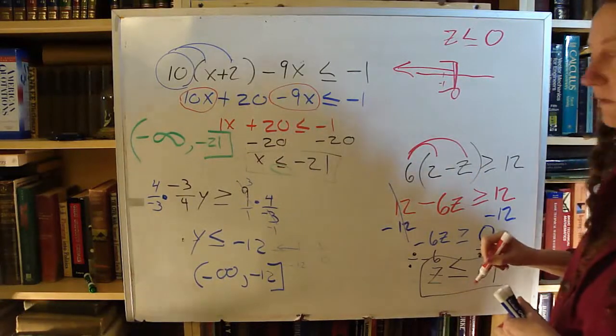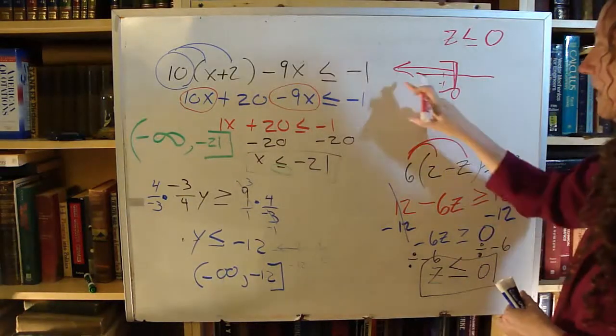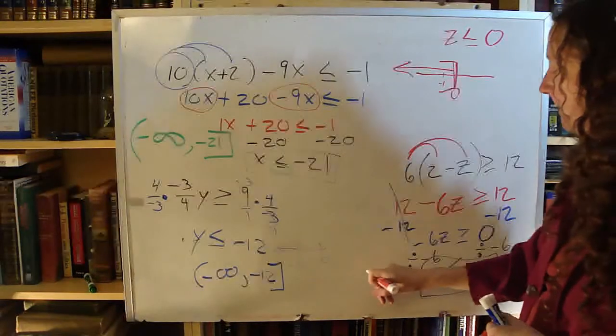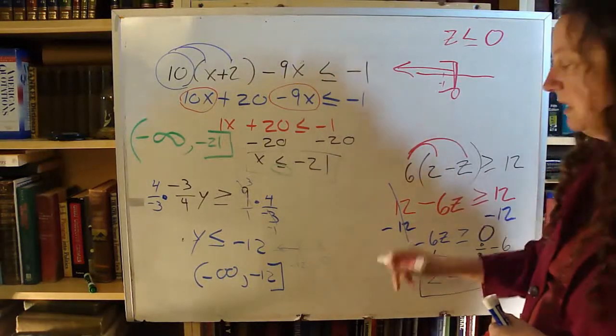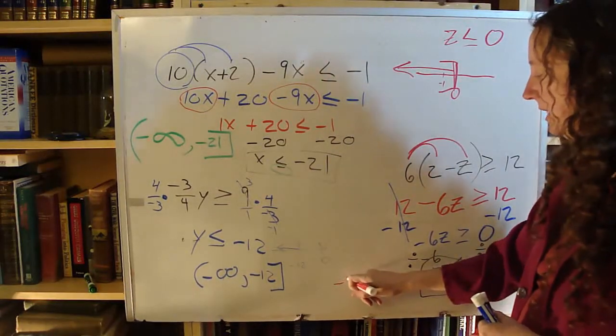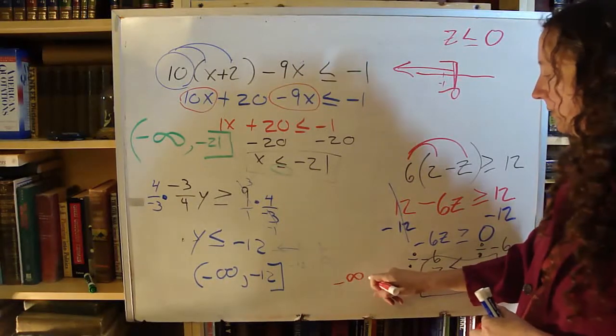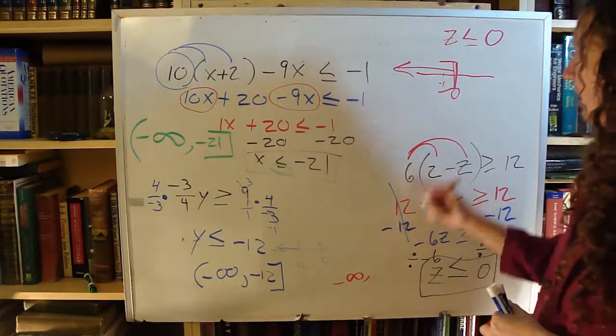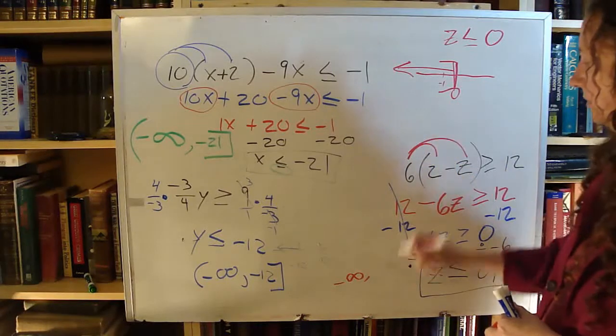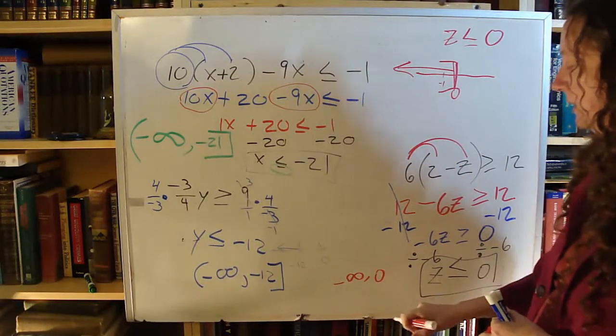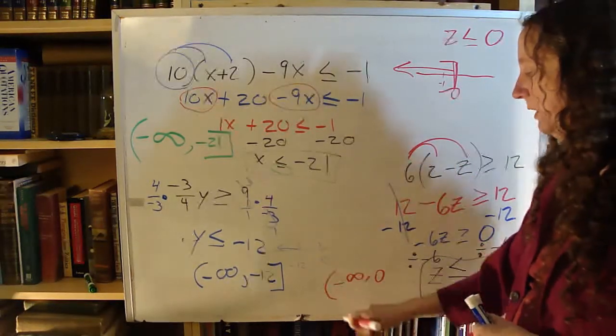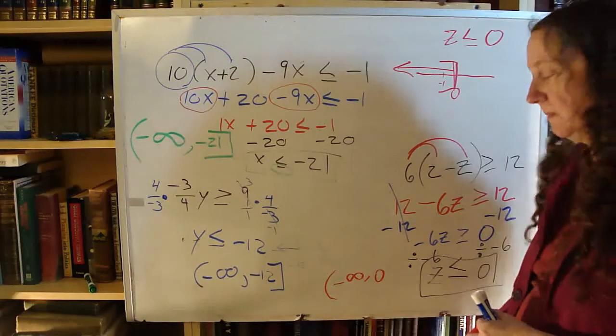That gets squared off. So now that I know what my graph looks like, I see that I start with the arrow. So that means I'm starting with my negative infinity, comma. I end with 0. Negative infinity always gets parentheses.